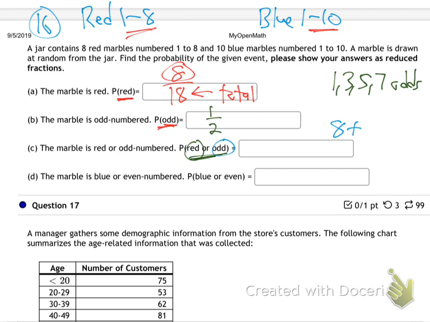We don't want to double count. How many odd blue? 5. Because half these blue marbles are odd. Is that making sense? Red or odd. 8 red ones. 5 other ones that are odd. 13 total marbles out of 18 are either red or odd. All right.